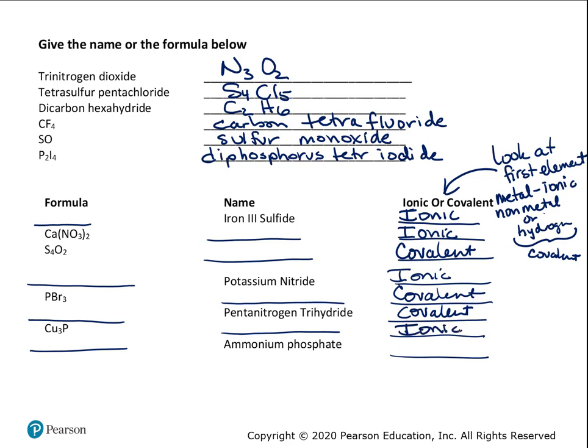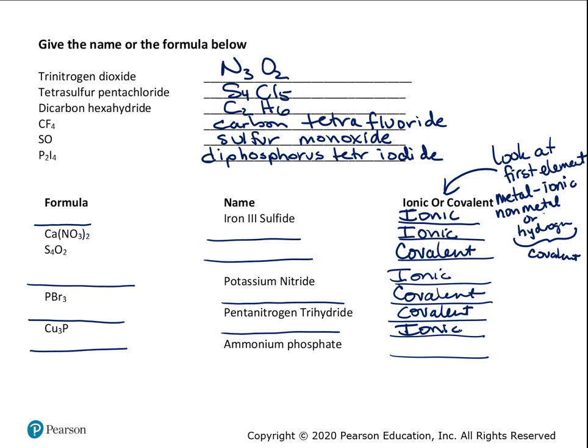I put this one in here just so that it's sort of like your only exception, ammonium. What is ammonium phosphate? Ammonium is a polyatomic ion, so if it's an ion, it has a charge.